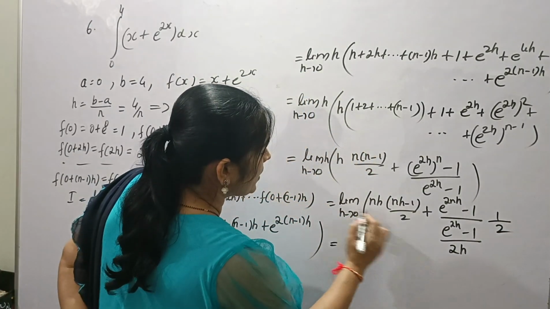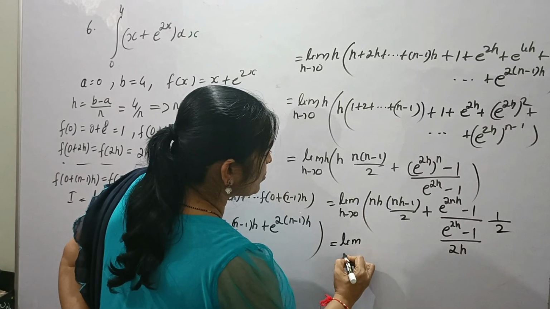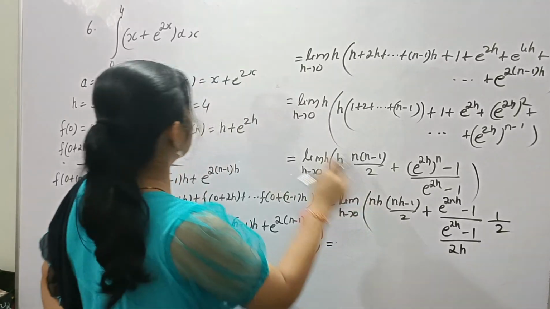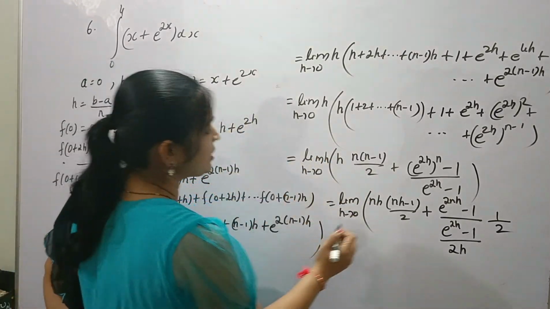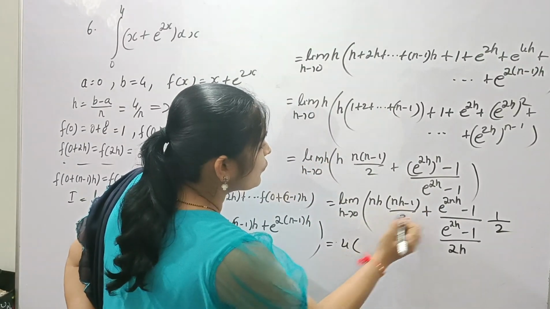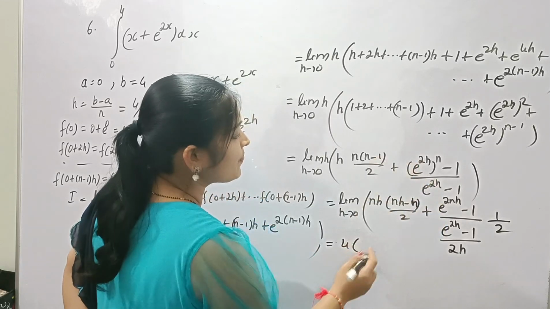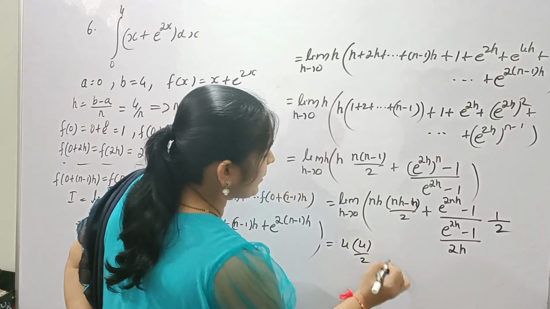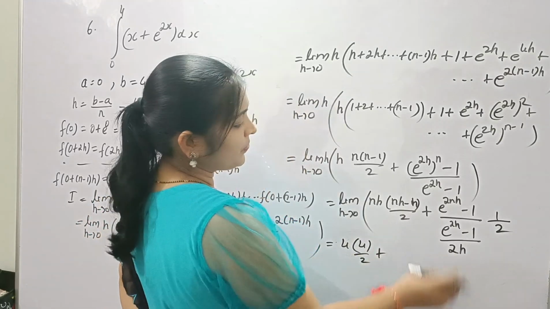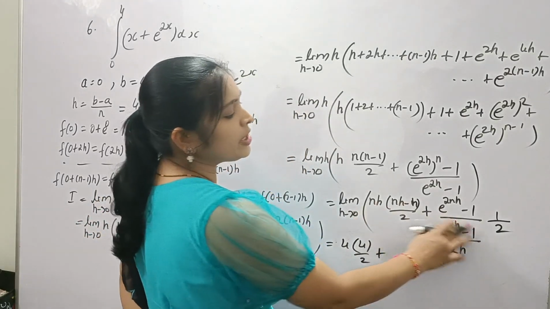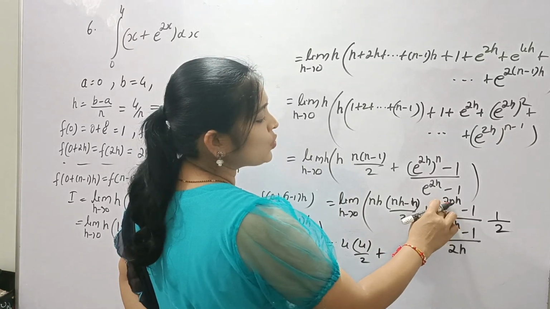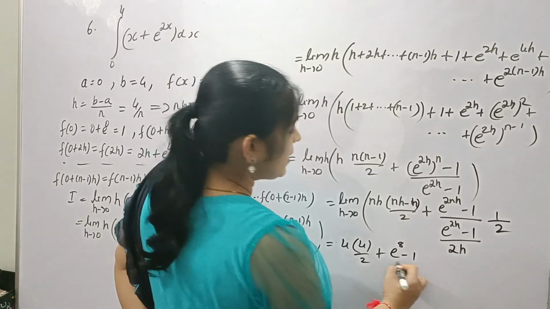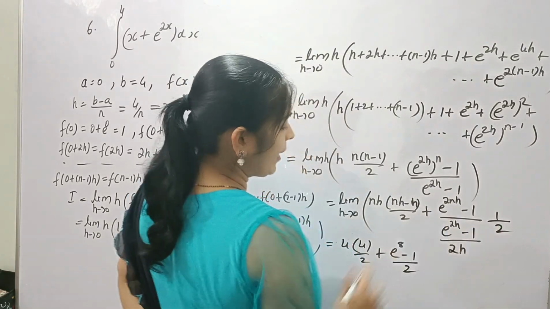That is equal to, limit h tends to 0, let's directly apply the limit. So nh is equal to, substitute the value of nh, that is 4 into 4 minus 0, that is 4 divided by 2 plus, after applying the limit it will be 1, and here it is 2 into 4, that is e raised to 8 minus 1 divided by 2.